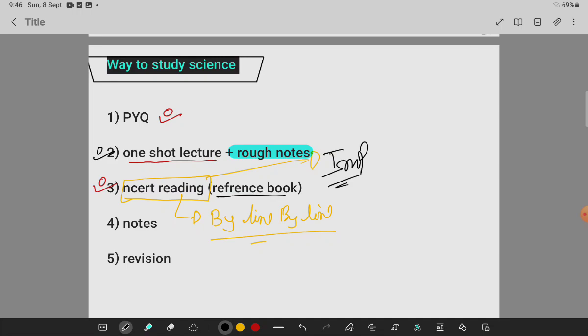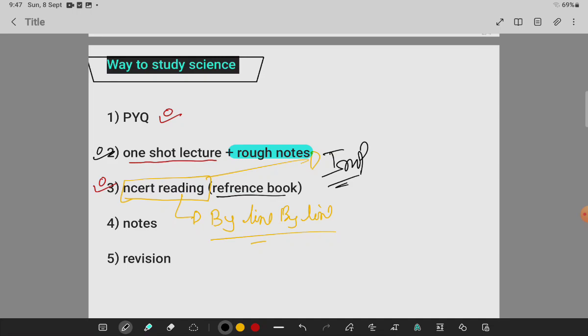So it is a very good booklet for you as a reference book. If you don't want to read the NCERT, then you can go for a reference book also, and I will suggest you buy the Oswald. And if you are comfortable with the NCERT, then it is very good for you.